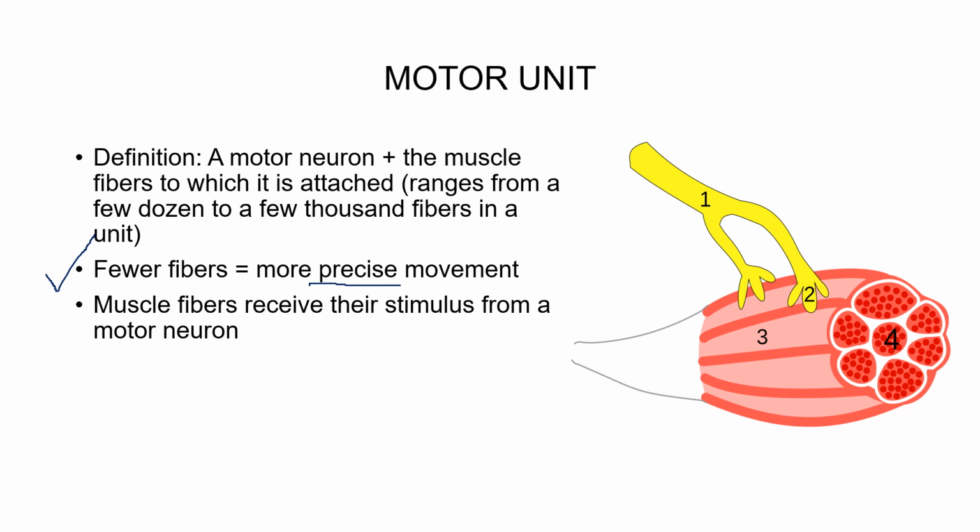And then if you have several thousand cells being affected by a motor neuron, that would be simply a large motor unit. And that's going to be your really, really bulky muscles, such as your quadriceps muscles. Now you think about all the cool things your quadriceps can do, but it's really not that much. Your quadriceps really just extend your knee, and that's it.